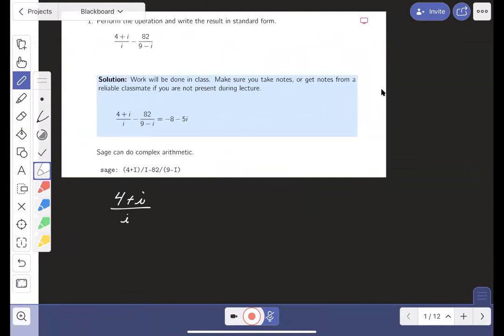All right. And let's see, I guess I'm going to try, sometimes I try things that don't work, but I'm going to try to multiply by its conjugate. Oops, that's not a plus sign, it's a minus sign, isn't it? And that's going to be 82, 9 minus i.